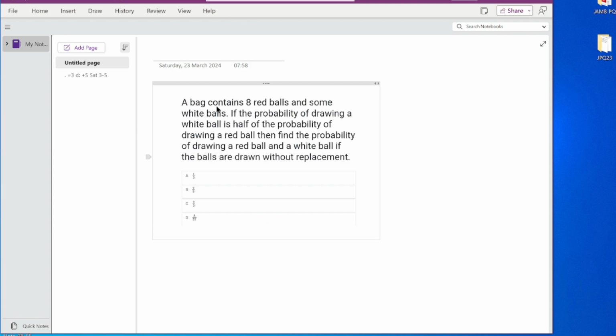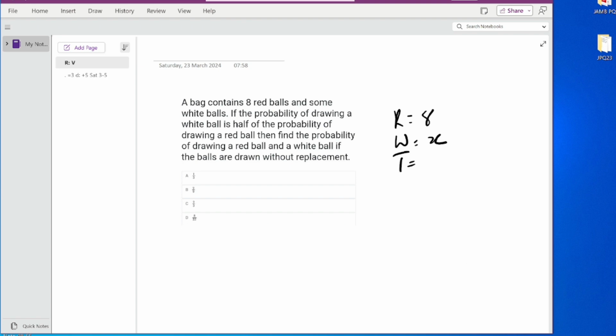A bag contains 8 red balls and some white balls. Let's say the red balls is 8, the white ball is X. If the probability of drawing a white ball is half of the probability of drawing a red ball, let's start with the red ball.